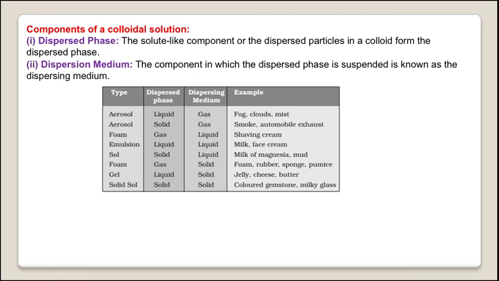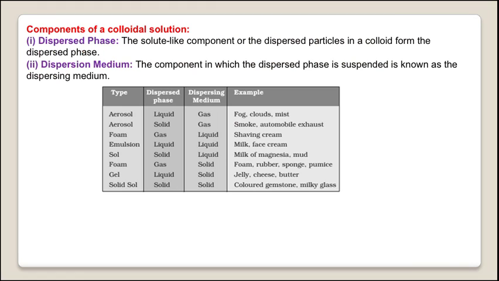Dispersed phase acts like solute, whereas dispersion medium acts like solvent. So we have some examples also. Types of colloidal solutions are aerosol, foam, emulsion, sol, gel and solid sol, and we have the dispersed phase, that is solute, and the dispersion medium, that is solvent.